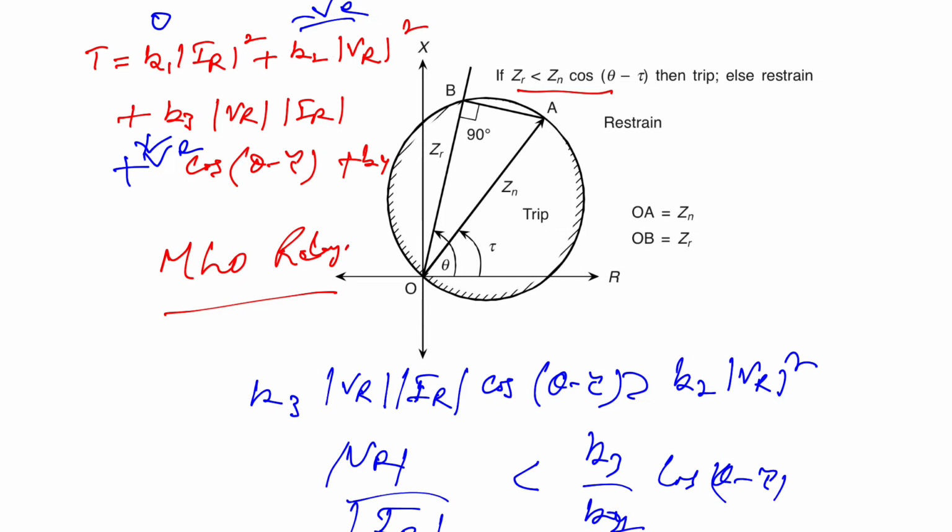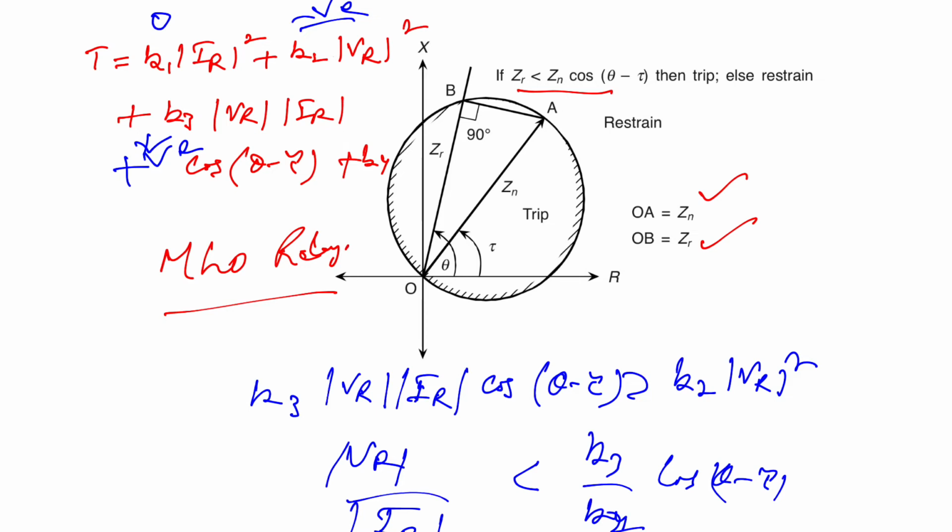Then it will trip, otherwise it will restrain. In this case OA is Zn and OB is equal to ZR. So the characteristic is like that, which means that the area covered by it is very small.